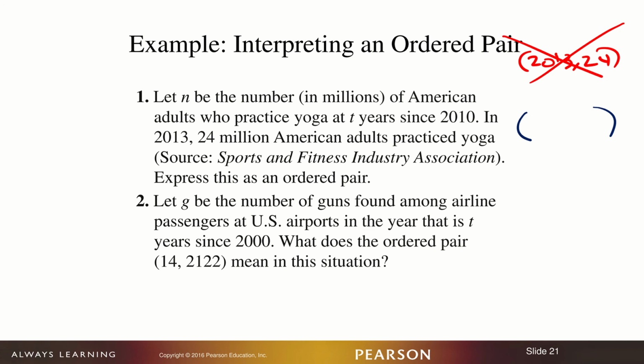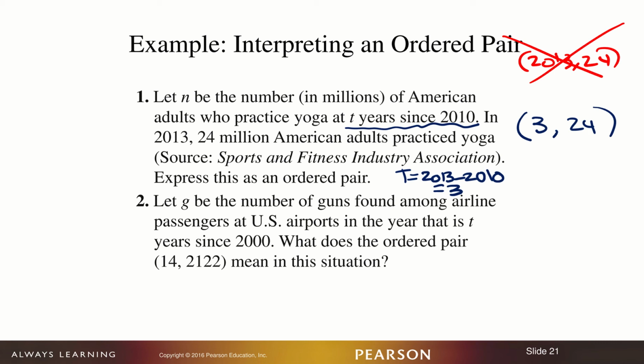So for 2013, T is going to be 2013 minus 2010. That'll give us the number of years, and that'll be 3. So the ordered pair you want to write is 3, 24, like that. So be careful and try to understand what T is representing. Here, it's not the year. It's the number of years since what we call a reference year, which in this case is 2010.